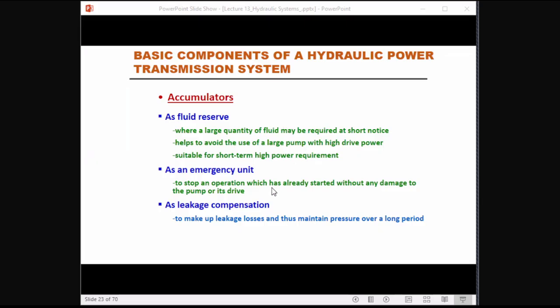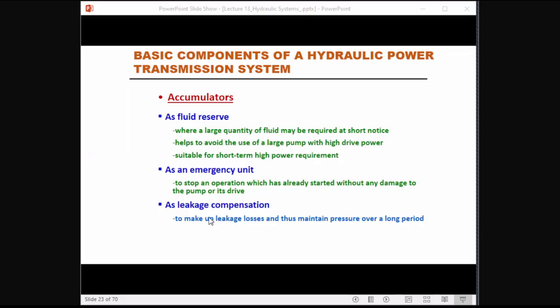Then as leakage compensation, a hydraulic system can lose pressure due to minor leakage. Okay, minor leakages.